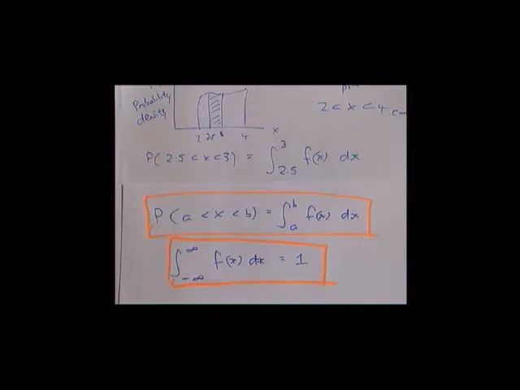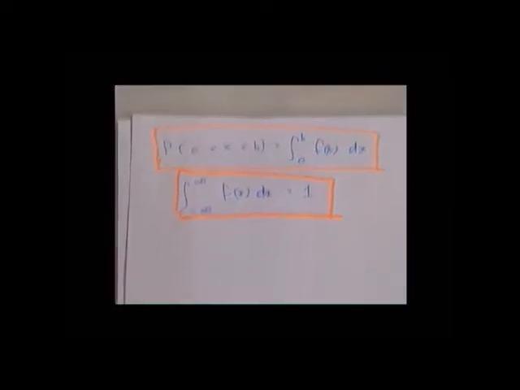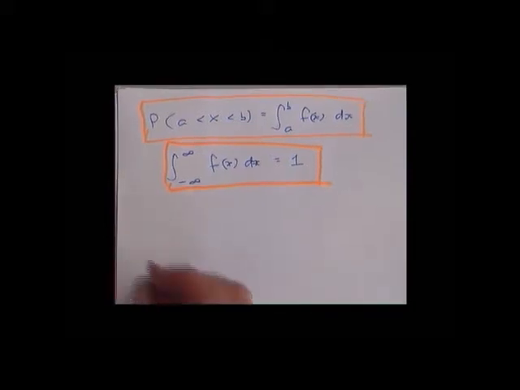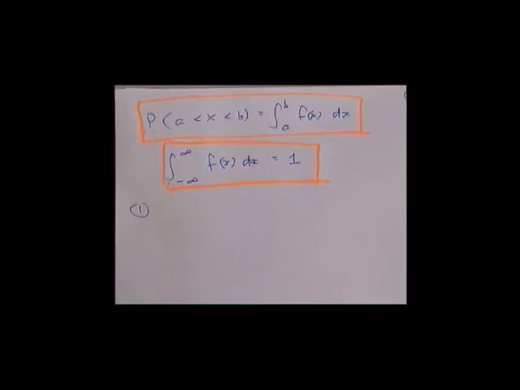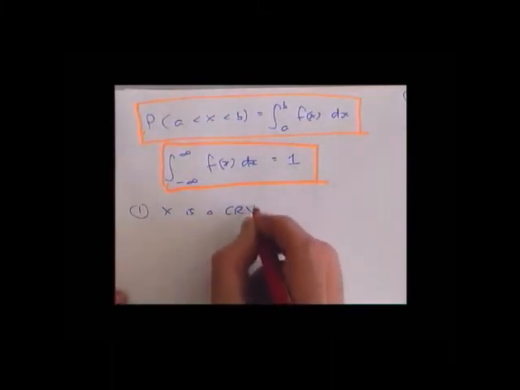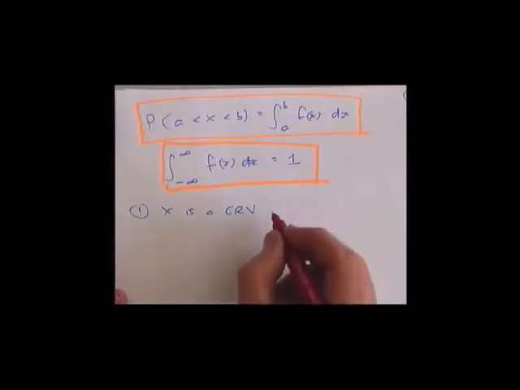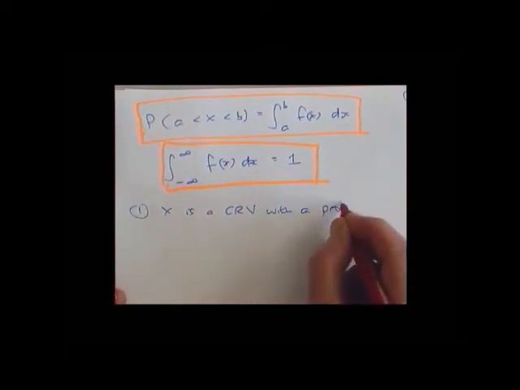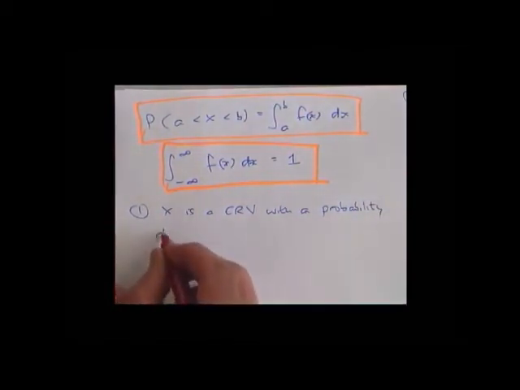And if you're doing an A-level question on this topic, it's that fact that you often use first in the question. So, if I do a first example with you, we'll just see how we go. X is a continuous random variable with a probability density function.